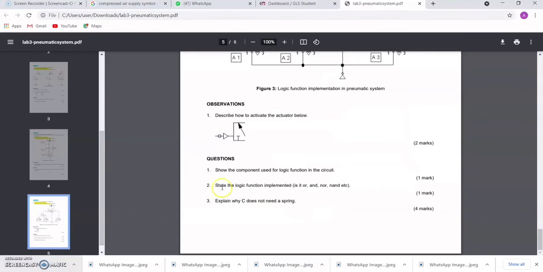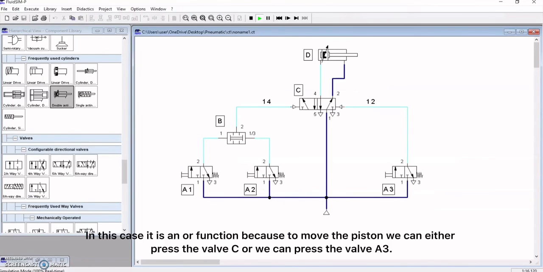Second question, state the logic function implemented. In this case, it is an OR function, because to move the piston, we can either press the valve C or we can press the valve A3.